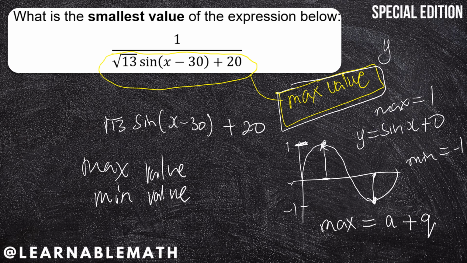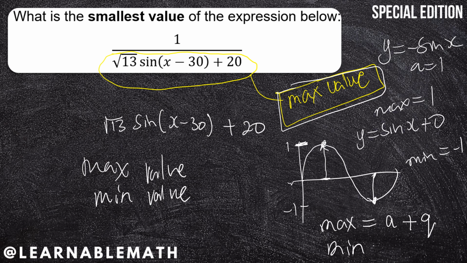Even if you have y equals minus sine x, the amplitude is 1. The negative just shows the graph has been reflected in the x-axis. So you take the positive value of the amplitude, add it with q, and you'll get the maximum value.